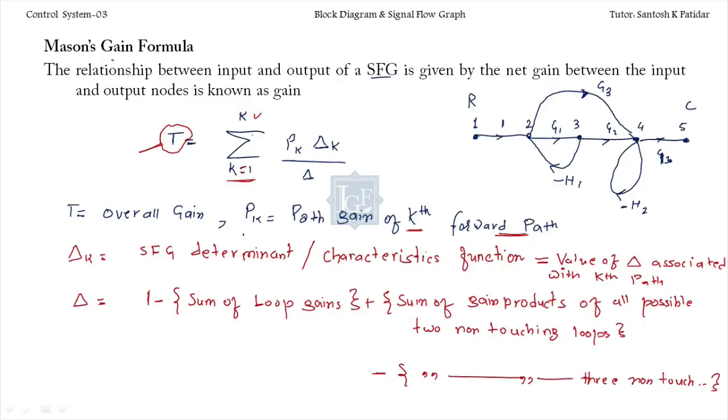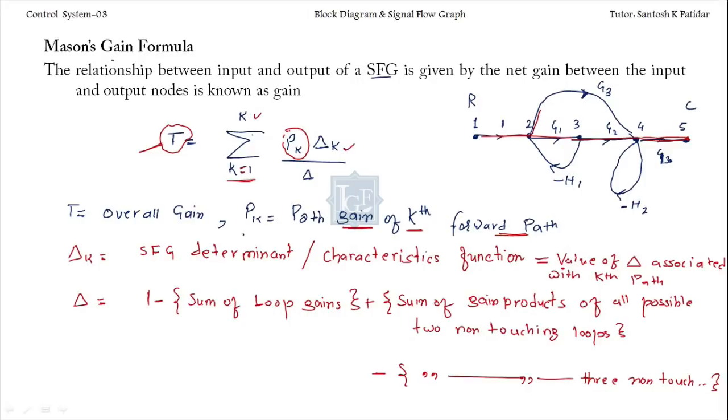One is this, the forward path from input to output, and this is another forward path. So in this case k is 2, so we'll have two forward gains.